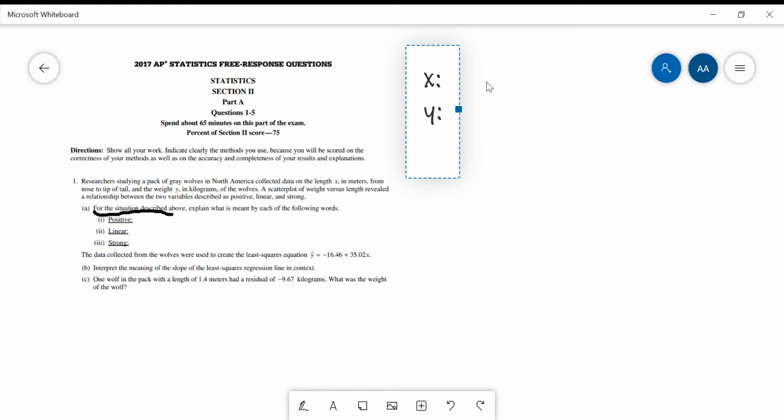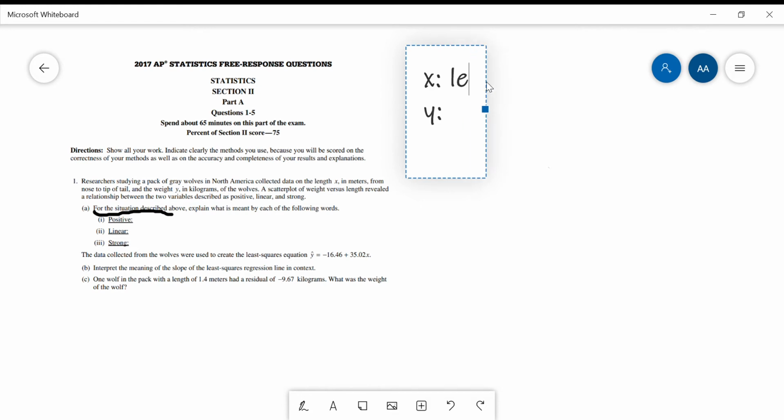Context is very important on the AP Stats exam, and especially on the FRQs, which on the 2020 exam, it's going to be the only FRQ, and so it's very important that you include context. Context is something that can get you a lot of points if you do it right. It's not very hard, you just need to read the question to do it, or you can lose points if you don't add it at all. So do add your context, do make sure that you're putting in context.